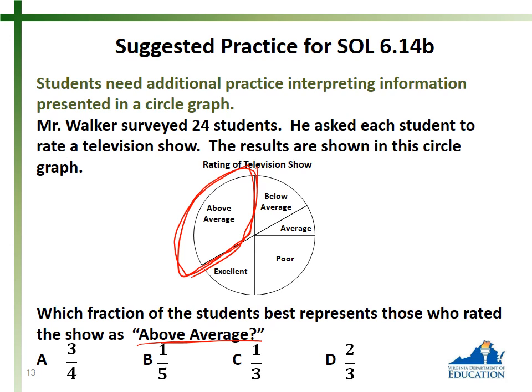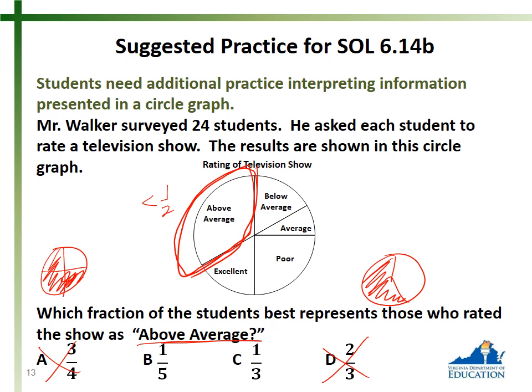Let's go ahead and get rid of 2 of these. So we can get rid of 3/4. 3/4, if I'm going to draw that out, covers way more than this piece right here. So we're looking for something that is going to be less than 1/2 here. And so for 2/3, if we were to draw out 2/3, it's over 1/2.